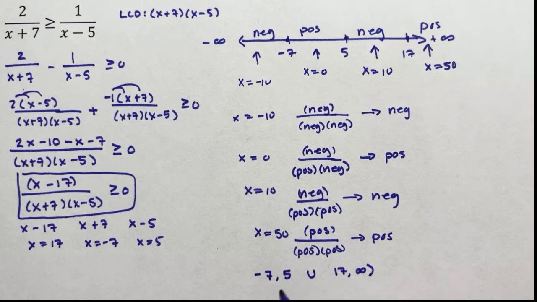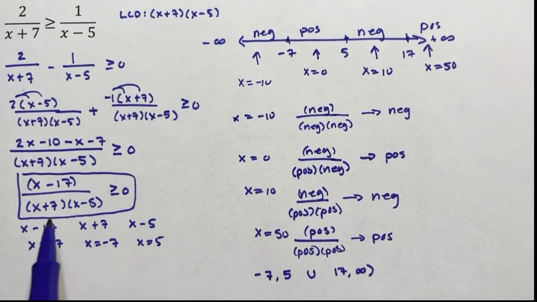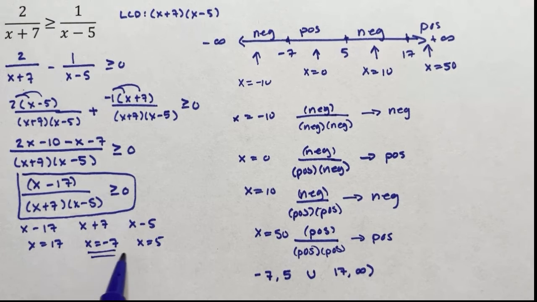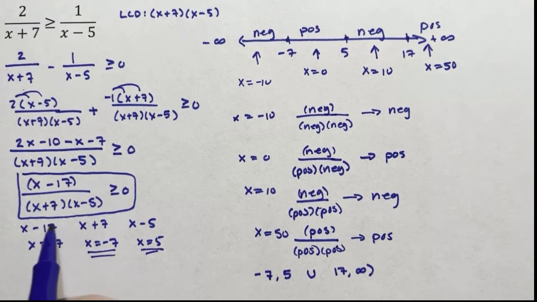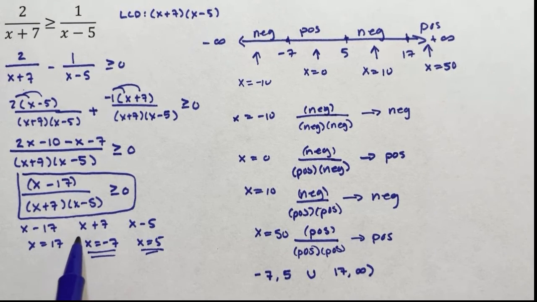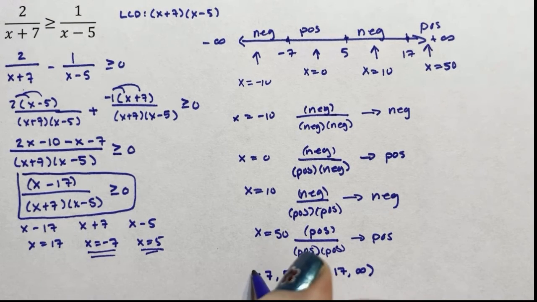Now, I haven't put in my brackets or parentheses yet. That is because I want to make sure I get them correct. The negative 7 and the 5 are both in the denominator of a fraction. And you can never have a 0 in the denominator of a fraction, so we can't equal either of those. So both the negative 7 and the 5 have to have parentheses because we cannot equal them.